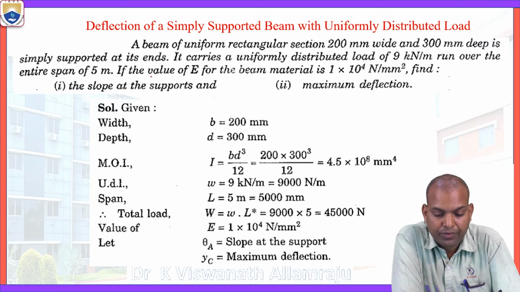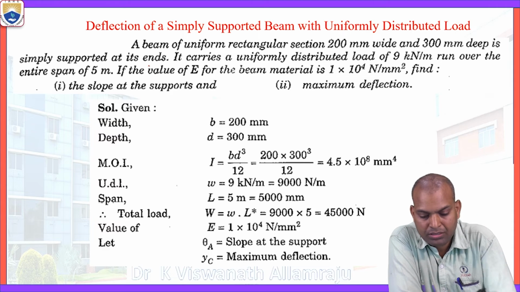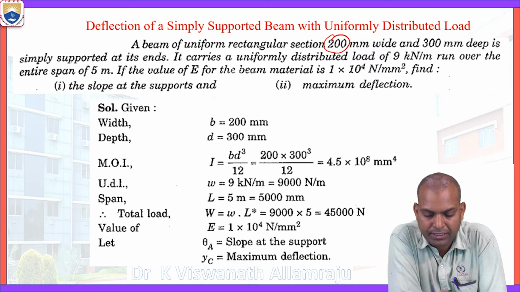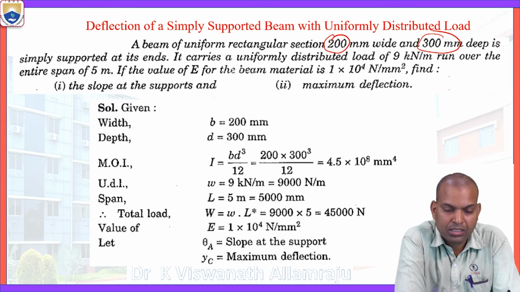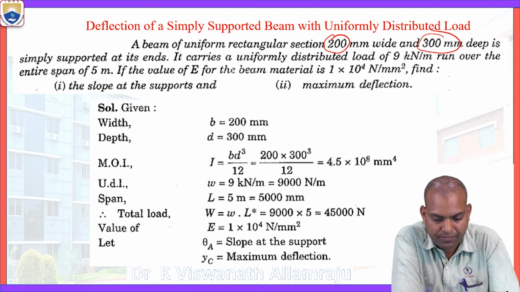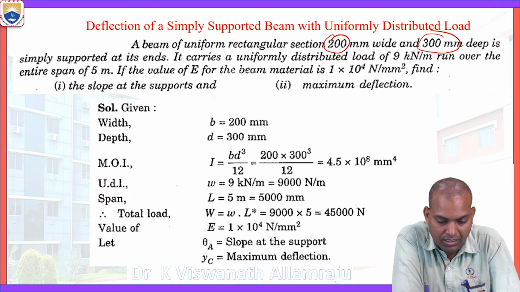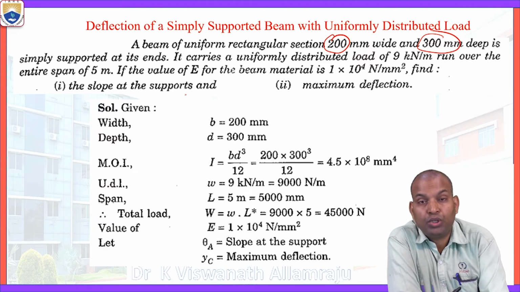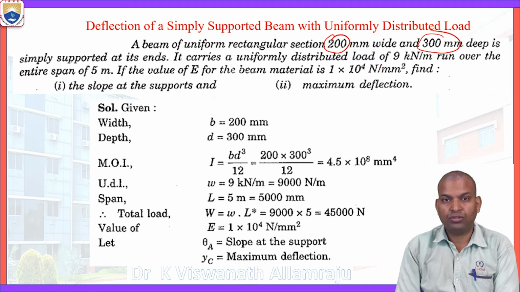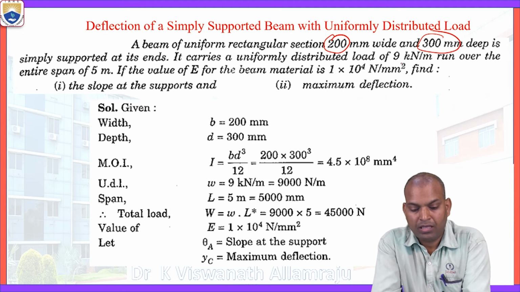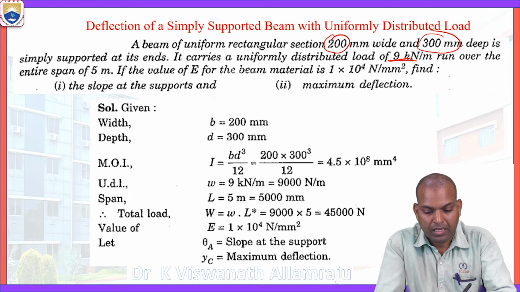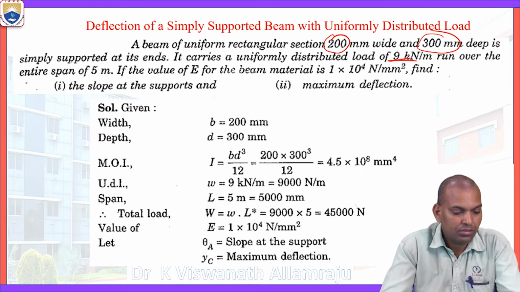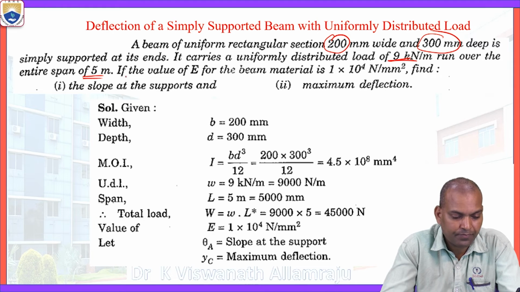A beam of uniform rectangular section 200 millimeters wide and 300 millimeters deep is simply supported at its ends. It is a rectangular section beam and it carries a uniformly distributed load of 9 kilonewton per meter, running over the entire span of 5 meters.